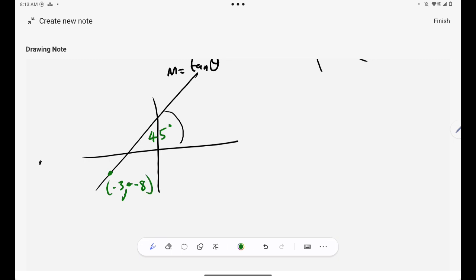It doesn't matter. It's simple. Just find the gradient. You have a point, you can use it to find the equation of the line.